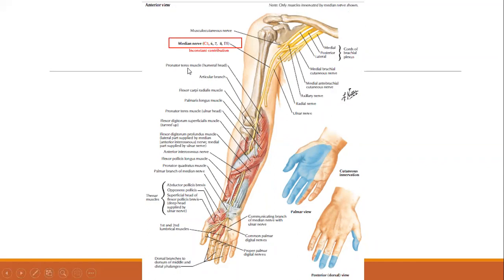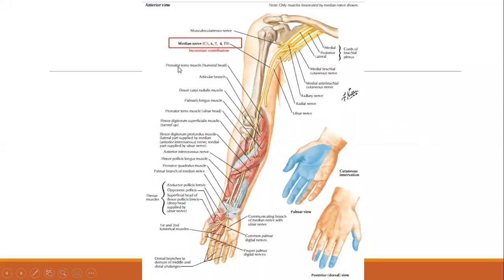So muscles of the anterior compartment of the forearm and muscles of your thenar eminence in your hand are innervated by median nerve.